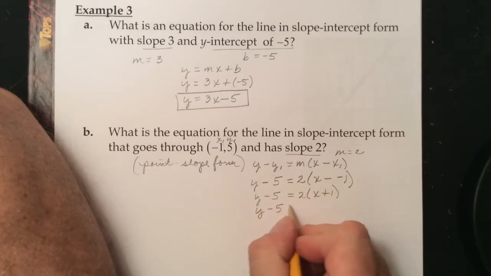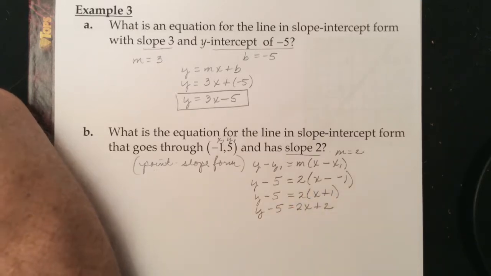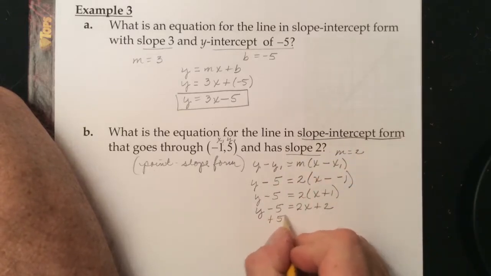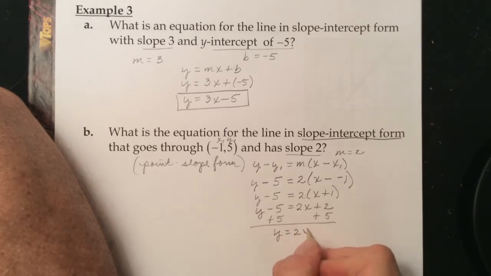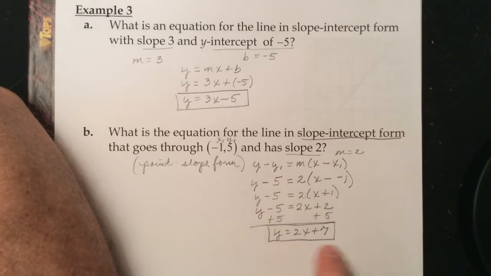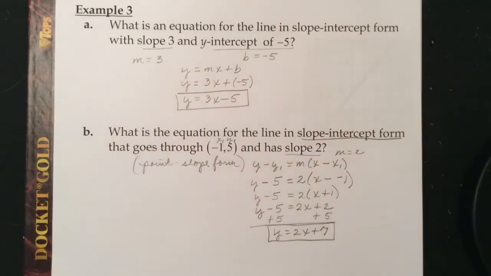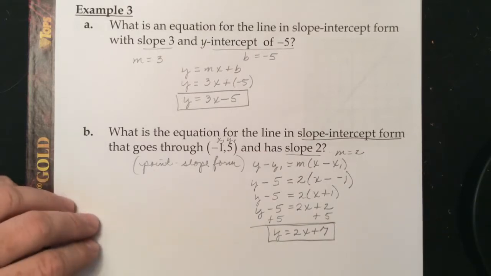Using the distributive property, y minus 5 equals 2x plus 2. Putting it in slope-intercept form, we add 5 to both sides, and y is equal to 2x plus 7. Y equals 2x plus 7 is the equation of the line represented by this information. From this point, you could go ahead and graph it if you would like to.